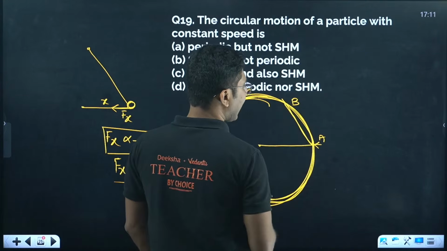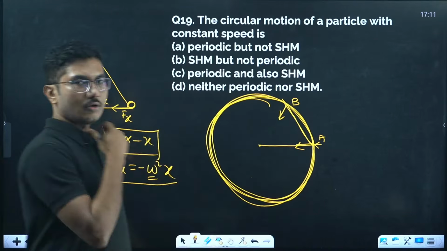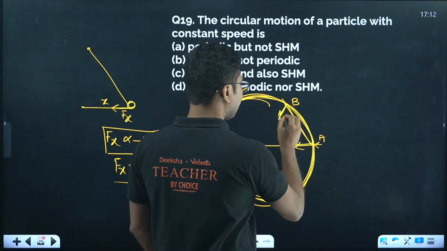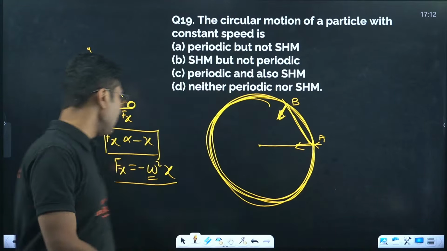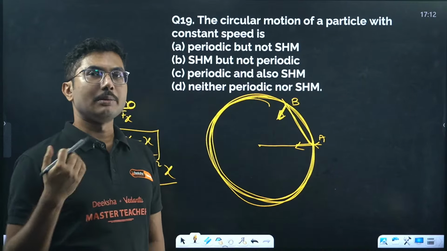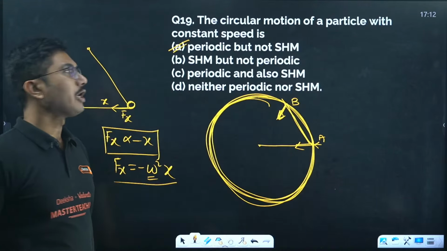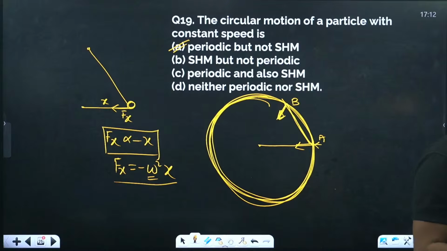What is the direction of force? The centripetal force is always acting towards the center. That means the displacement and force have no such relation. So this is only a periodic motion but not a simple harmonic motion. Circular motion is periodic but not simple harmonic.